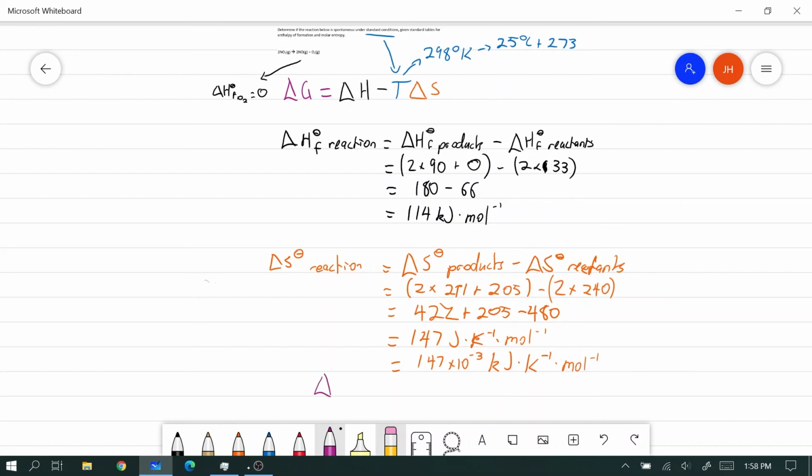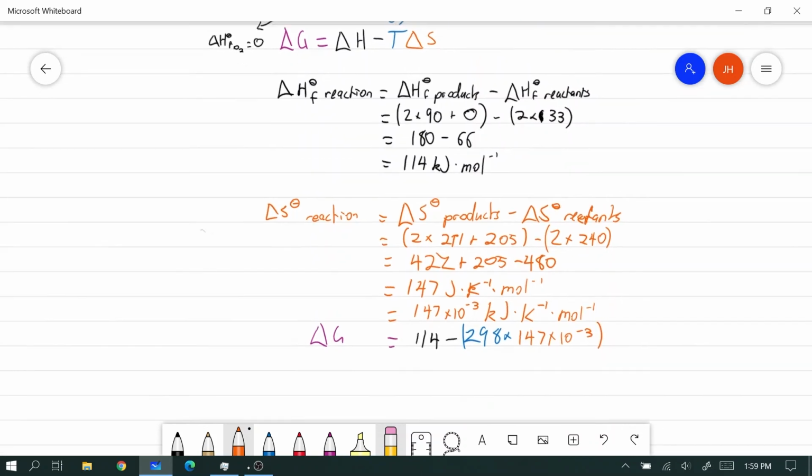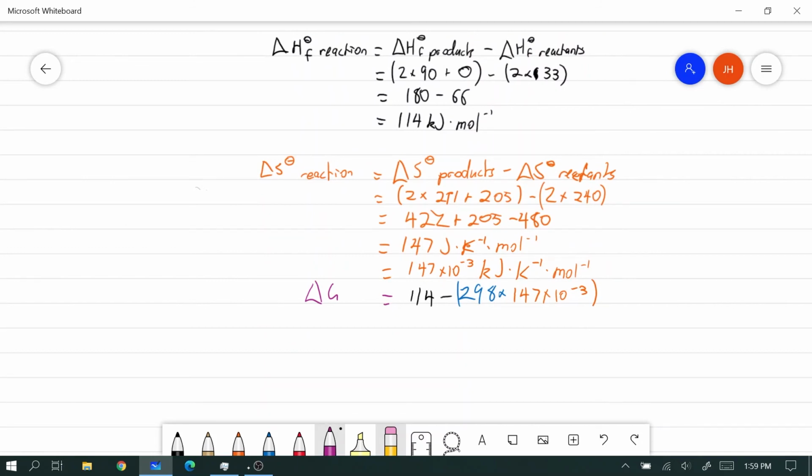Delta G for our reaction is equal to delta H, 114, minus T, which is 298, times delta S, which is 147 times 10 to the negative 3. When we put all of that together, delta G comes out to be 70.2 kilojoules per mole.